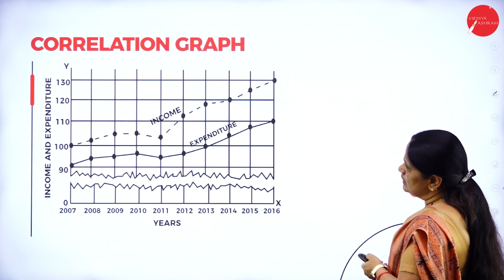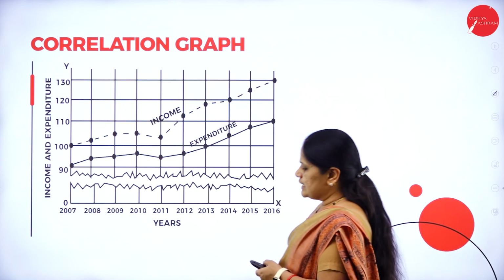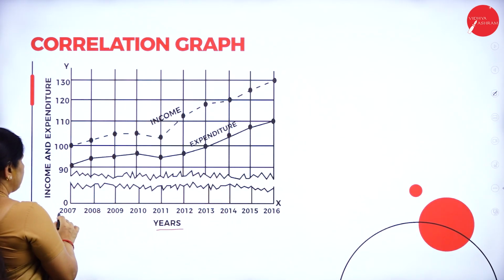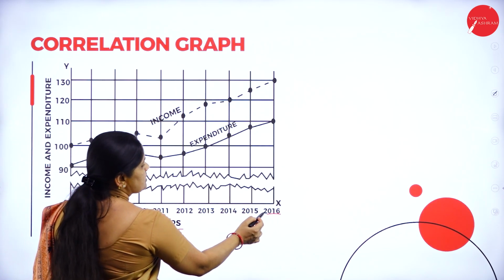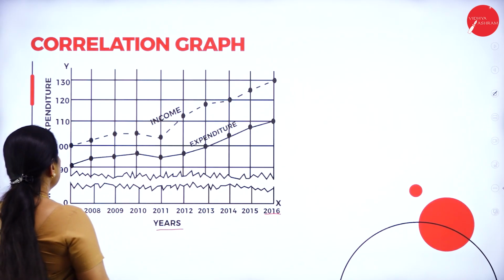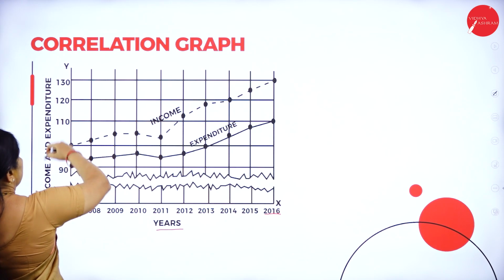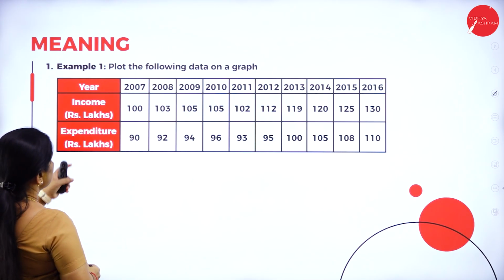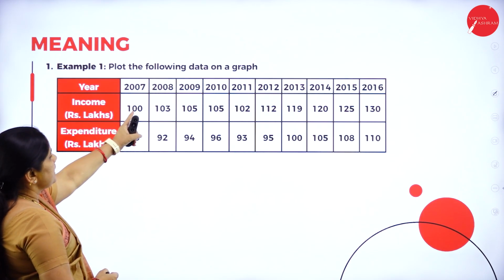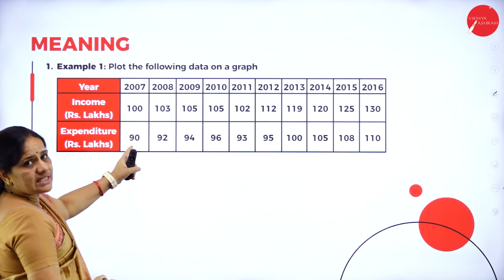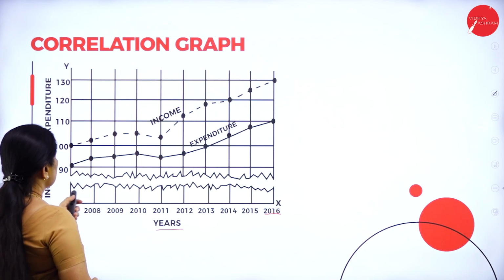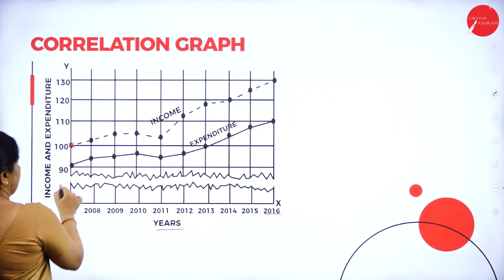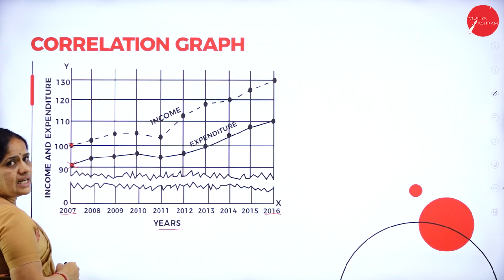In this graph, on the x-axis we have the years from 2007 to 2016, and then we have the income and expenditure graphs. The income is 100 in 2007, whereas the expenditure is 90.